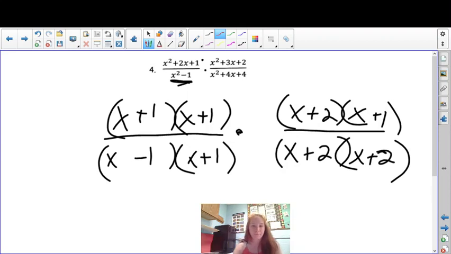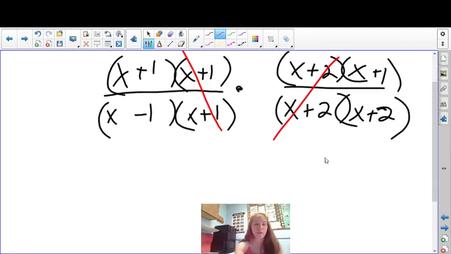All right, let's cancel. X plus 1s cancel. X plus 2s cancel. Even though I have an x plus 1 here and an x plus 1 here, they're both on top, so I can't do anything.